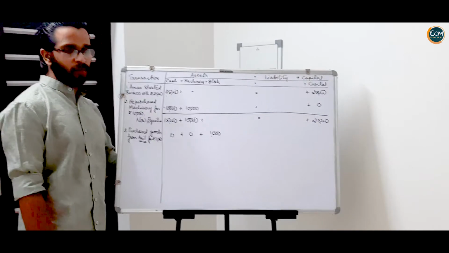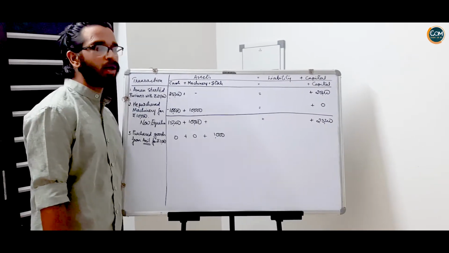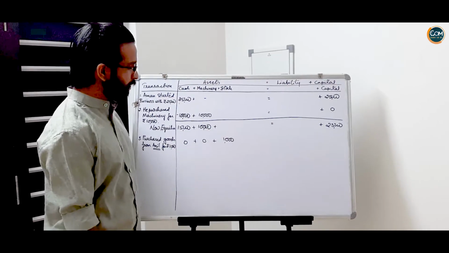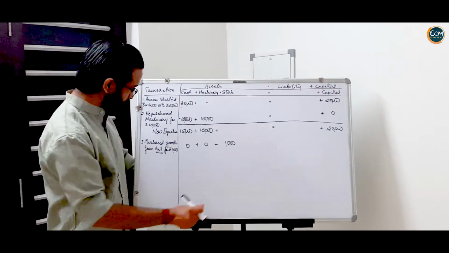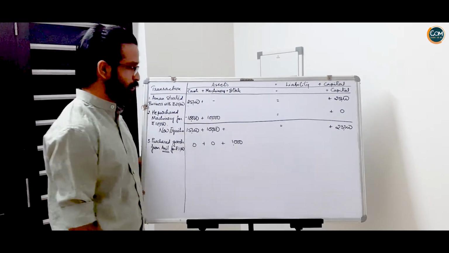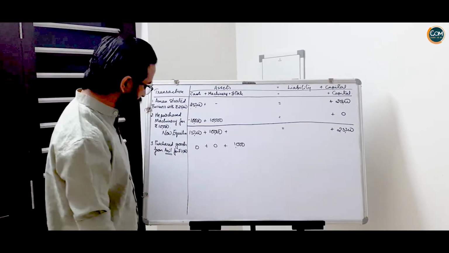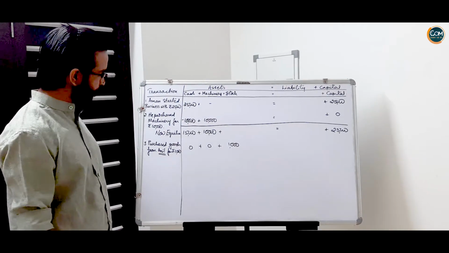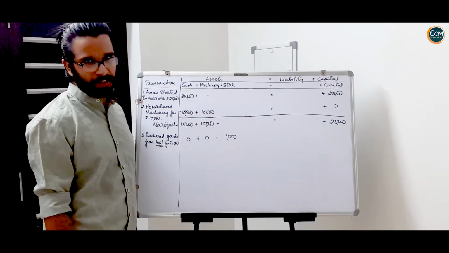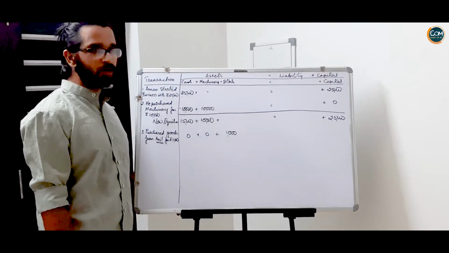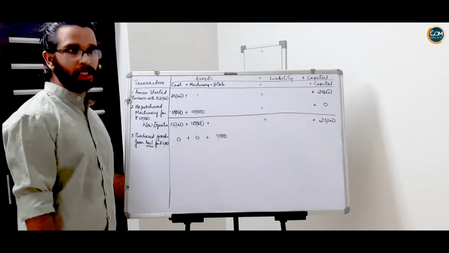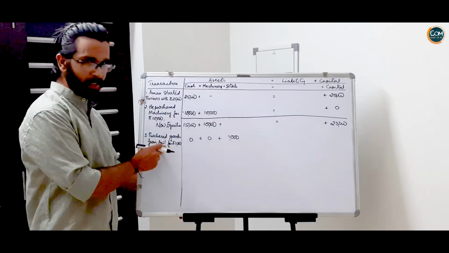Until now, there was no item called stock with us. But now, since an item is being purchased by Aman, there will be a stock also. But as you can see, Aman purchased goods from Anil without paying the cash. Therefore, there will be a liability on the part of the company towards Anil.